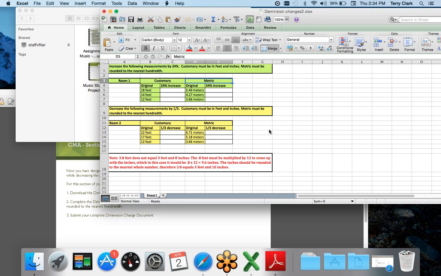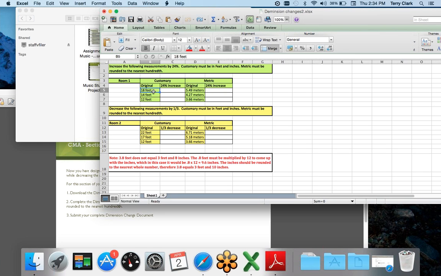You got to do everything in the chart. The chart has customary and metric in it. Those blank spaces are what you got to fill in. One's customary and one's metric. You see it says 18, 14, and 12 feet, and it says 5.49 meters, 4.27 meters, 3.66 meters.